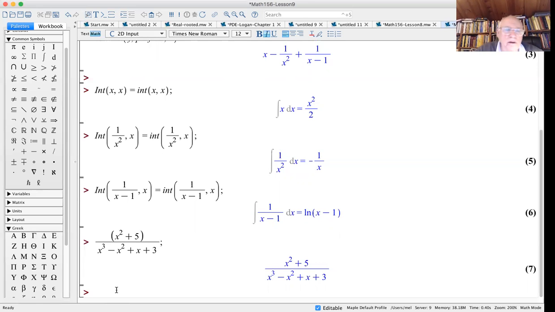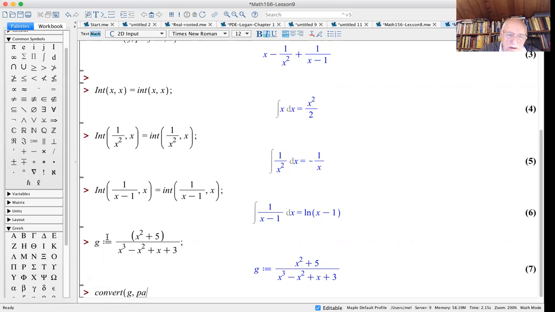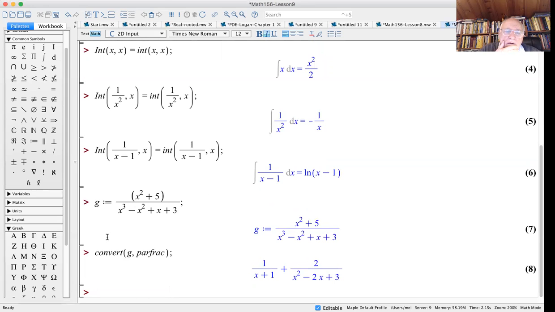And the homework problem in Math 176 is to integrate this by partial fractions. Let me just give this a name. I'll just call it G. And so let's say we want to convert G to partial fractions. You can actually leave out the x because there's not a second variable that you have to worry about. So that's the partial fraction expansion.